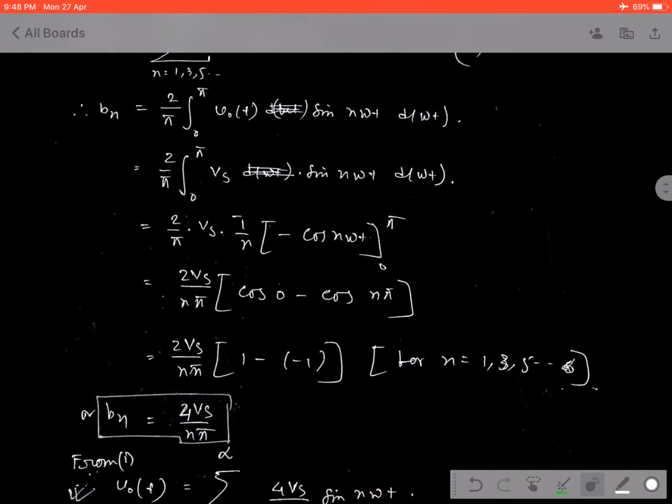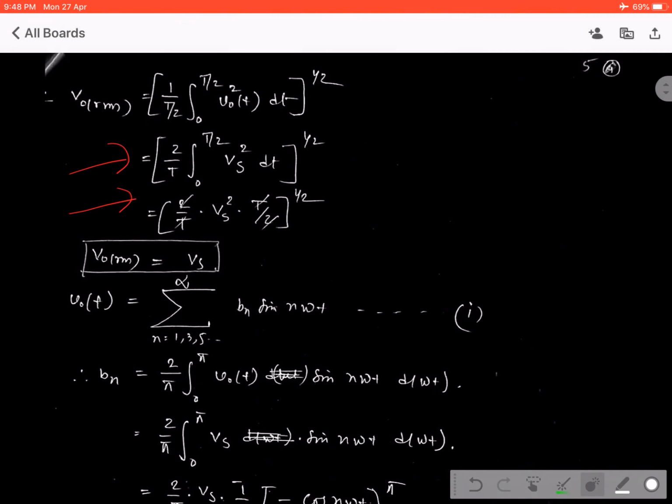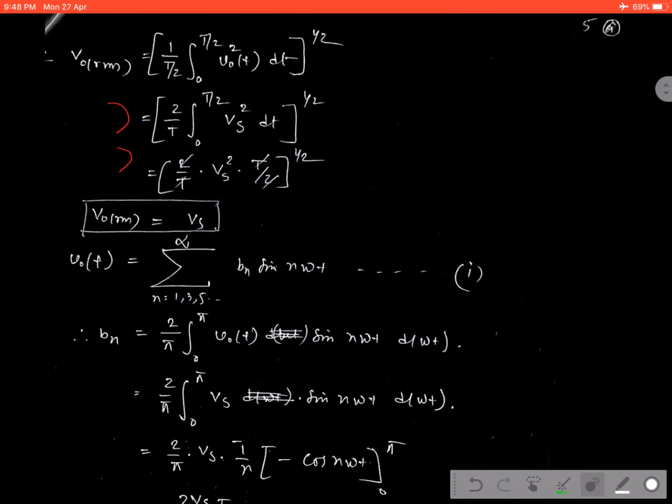Similarly, we will do it here. Now this is the expression for the output voltage magnitude defined by the RMS value. That means the RMS value, root mean square, that is V0 square, V0(t) square, and under root.